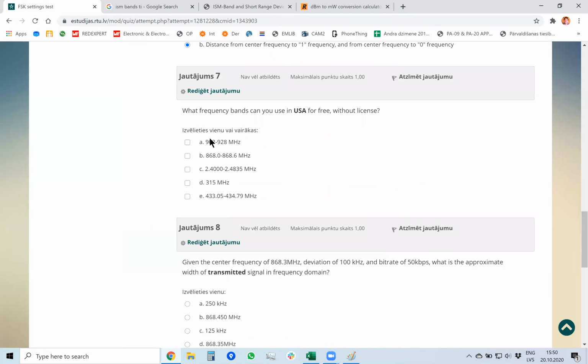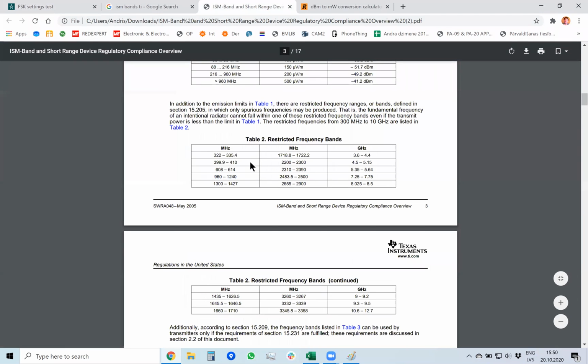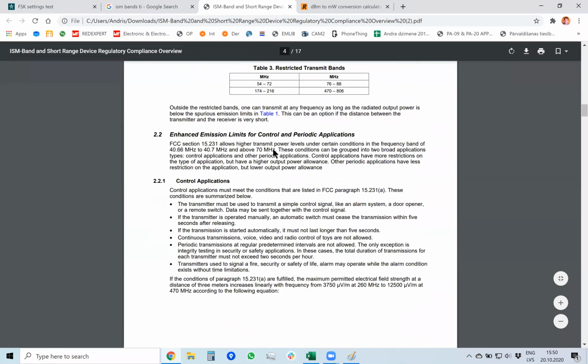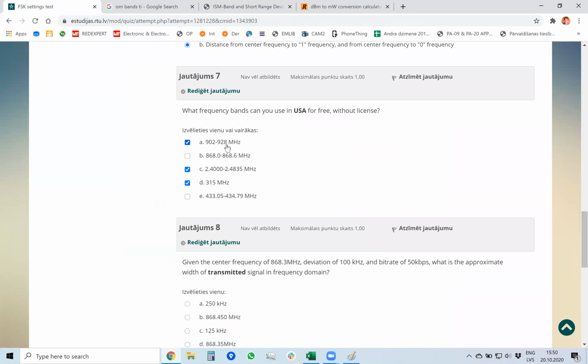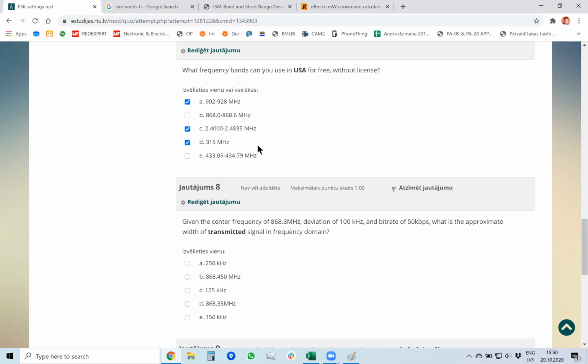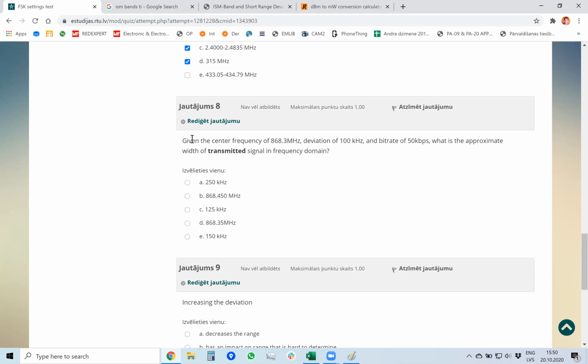So I think it is this, and this. You can find them here. So, you know, if you try: 902, 2.4, and 315 is America. Basically, the ones that are not in Europe, except 2.4 gigahertz, which is international.